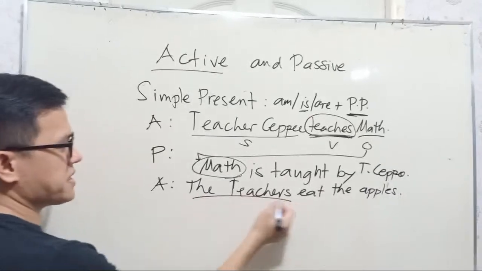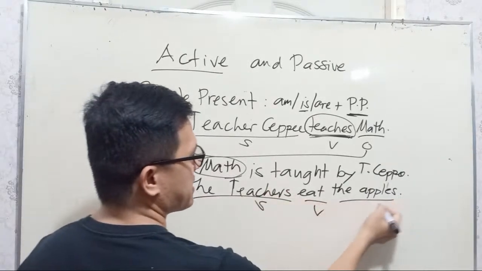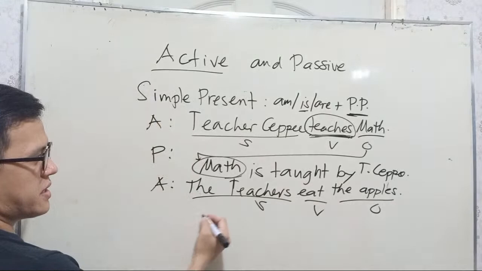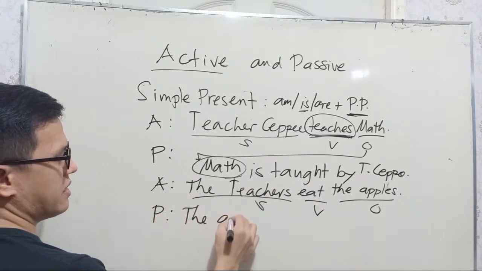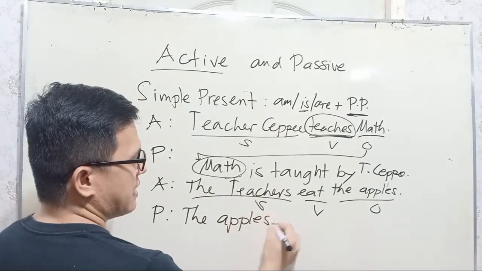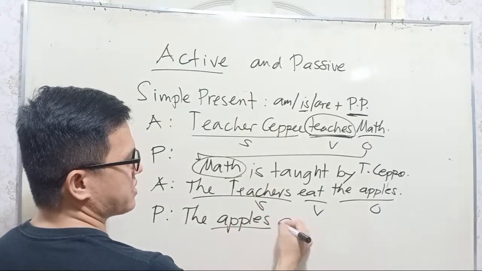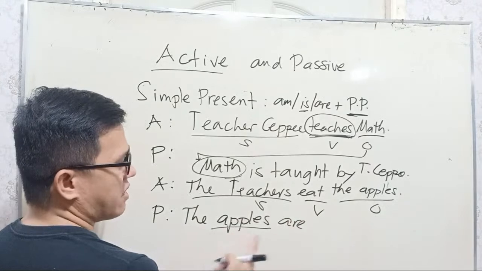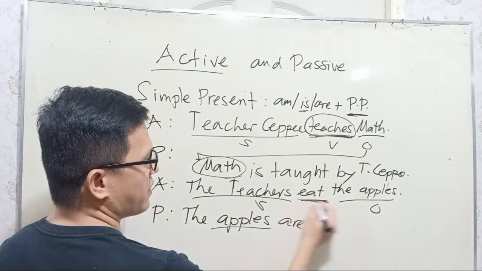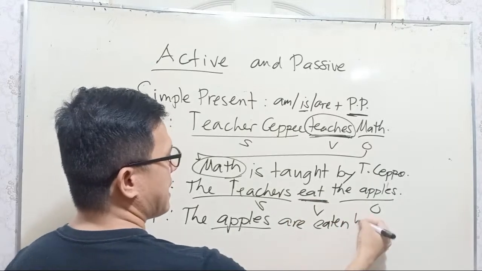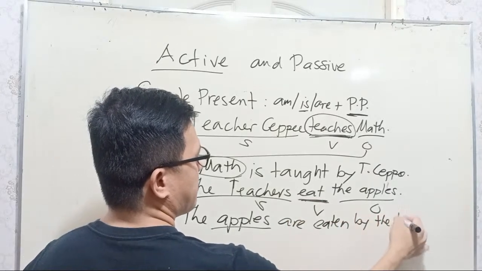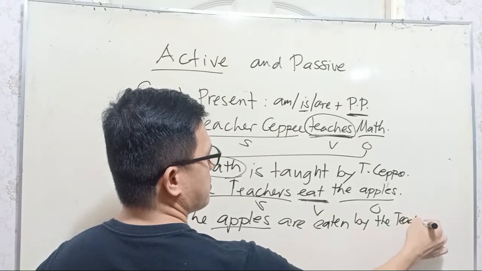Okay, so this one is our subject, this is our verb, and this is our object. Okay, so changing this one to passive, we say the apples. Apples is plural, so we have to use are, of course. The apples are, okay, so in past participle of eat, we say eaten, are eaten by the teachers. There you go.